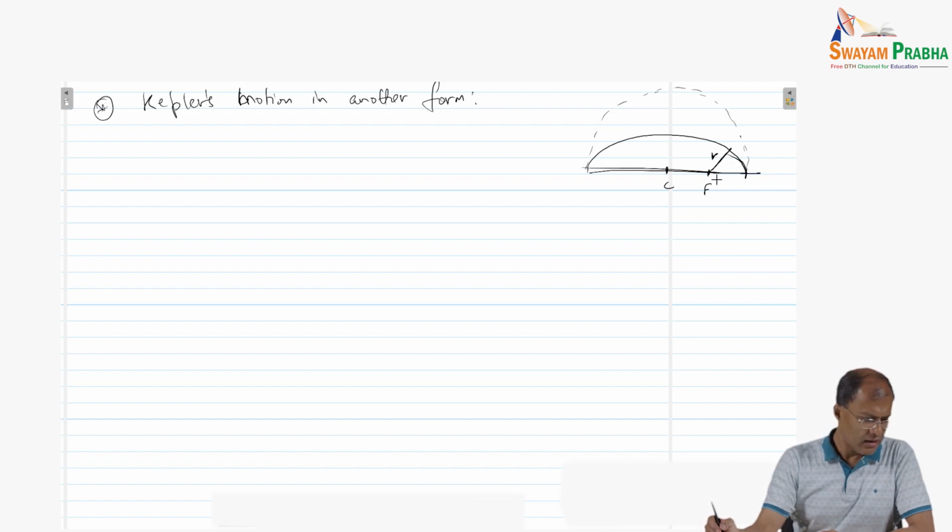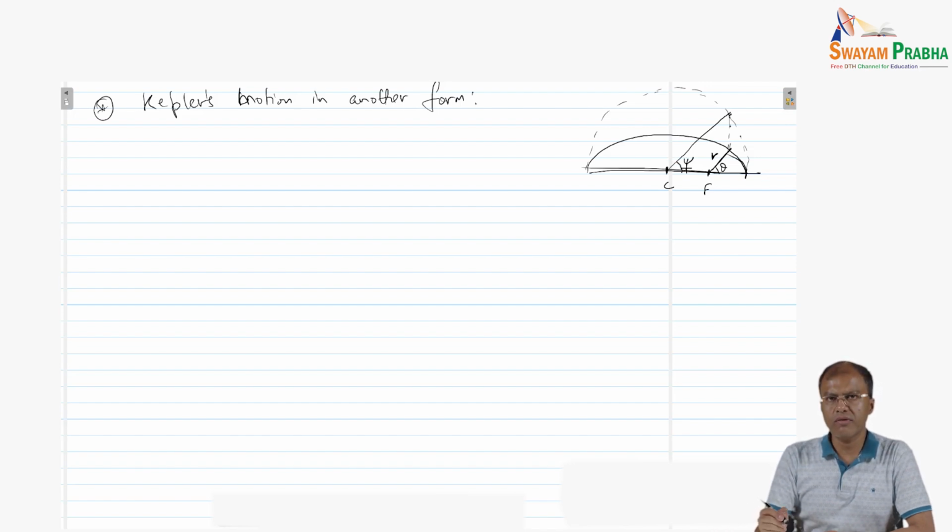We see that R was making an angle theta, and now on the circle, if we go to the circle and look at the distance from the center, right? So corresponding distance from the center, we will now see that this new angle is psi, right? So there is a relation between psi and theta.